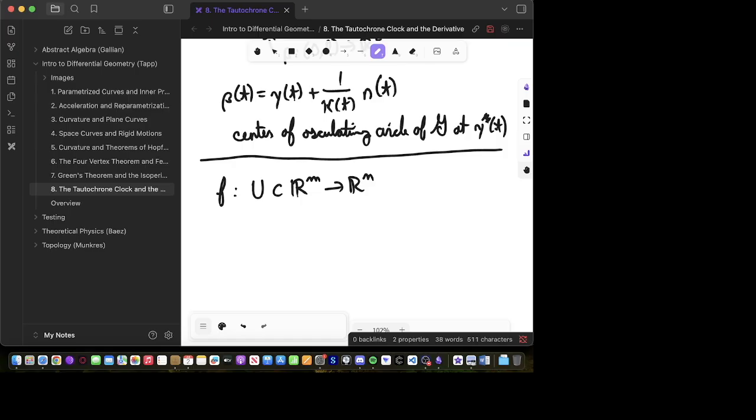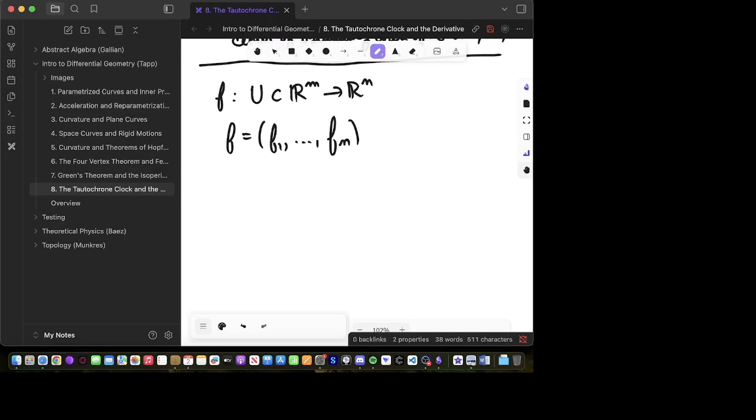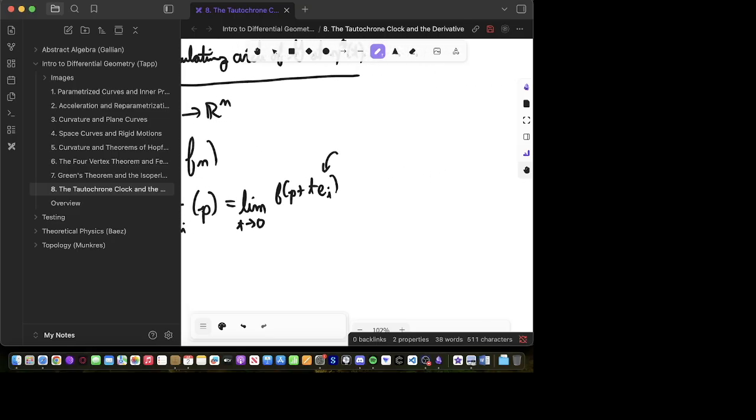We can break up f into its component functions, f1 through fn, and furthermore, we have partial derivatives, f_xi of p, which is equal to the partial derivative with respect to x sub i of p, which is the limit as t approaches 0 of f of p plus t e_i. And remember, this e_i is part of the standard basis, minus f of p, over t.